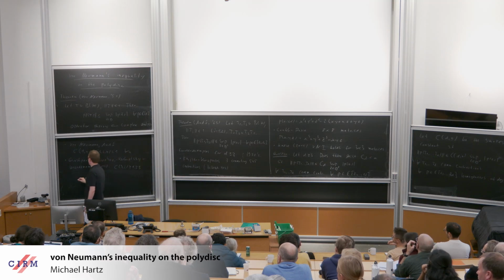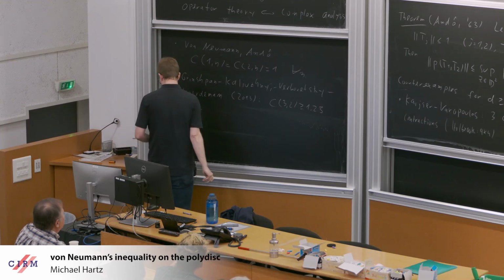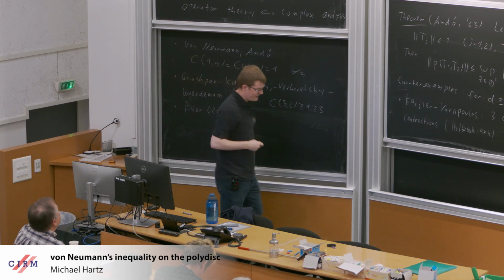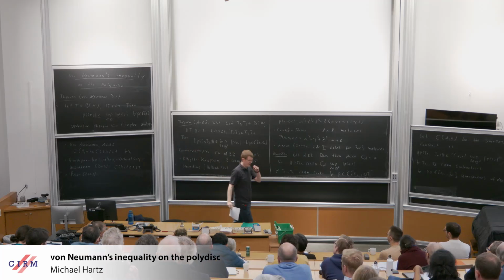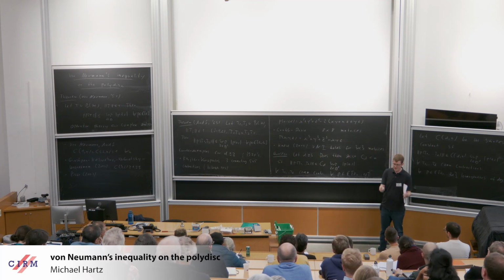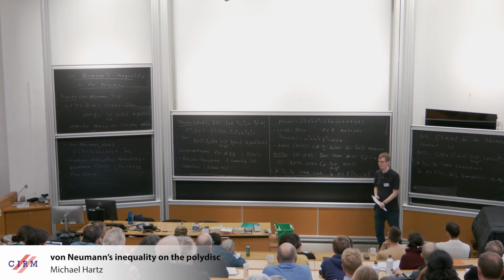Okay. Then there's a very nice construction due to Pizier from 2001. He has a tensor product construction that basically says if you have a counterexample in D1 many variables and another counterexample in D2 many variables, then you can tensor them together to get a counterexample in D1 plus D2 many variables.